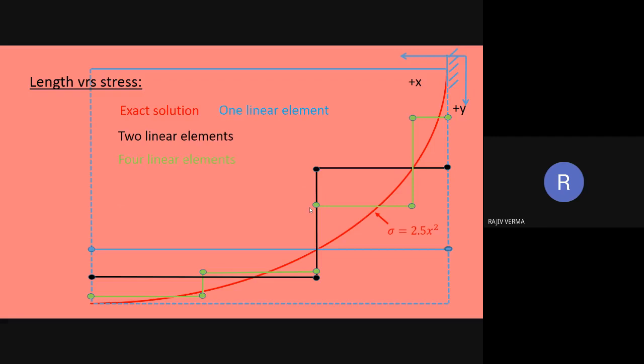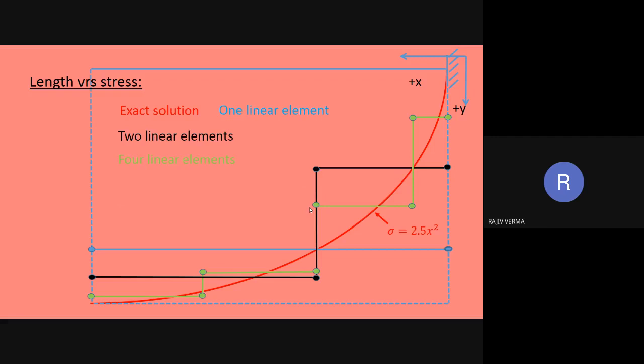This means that when you are talking about error in the solution for the displacement, the nodes give you a better approximation and the maximum error is in between the element. But when you're talking about stresses or strains, the maximum error is going to be at the nodes, and a much better value of stresses or strains is going to be obtained at a location between the element.